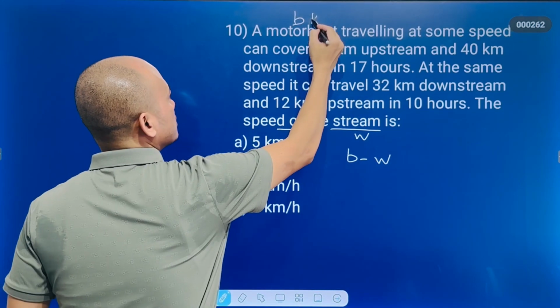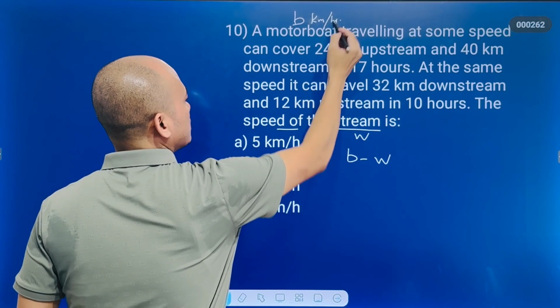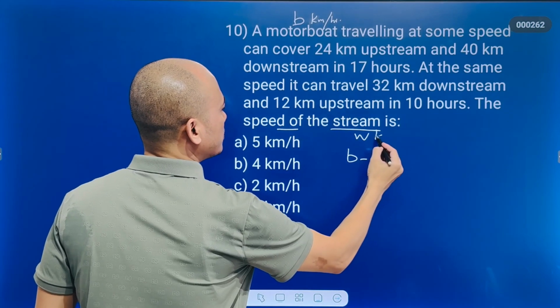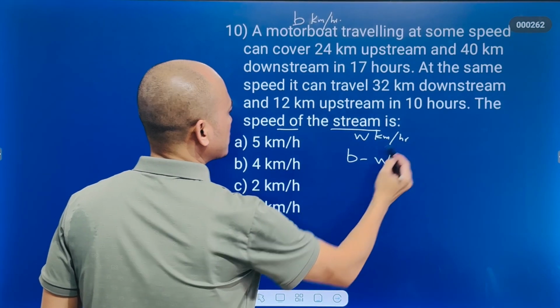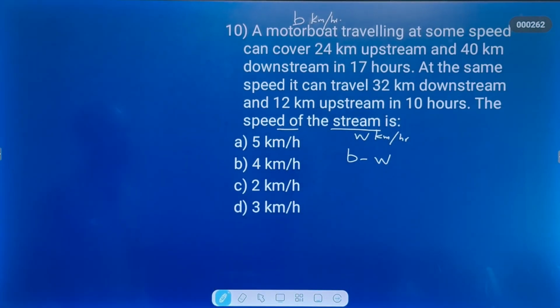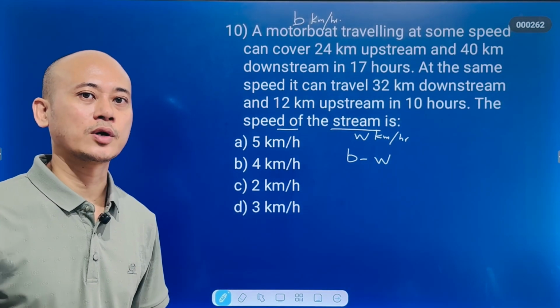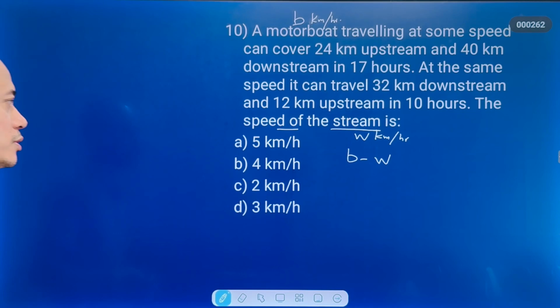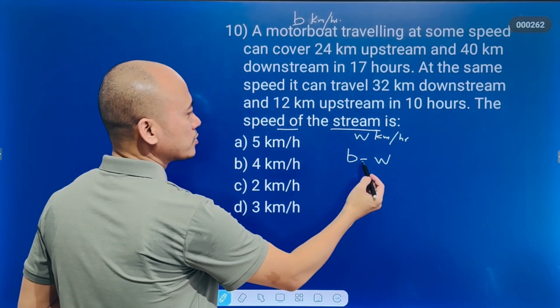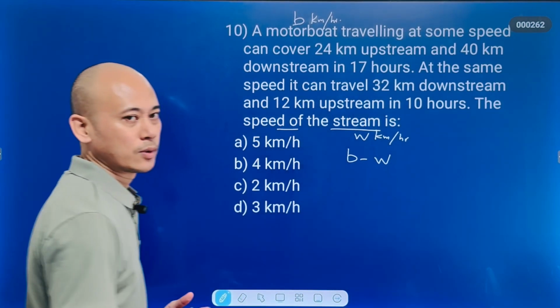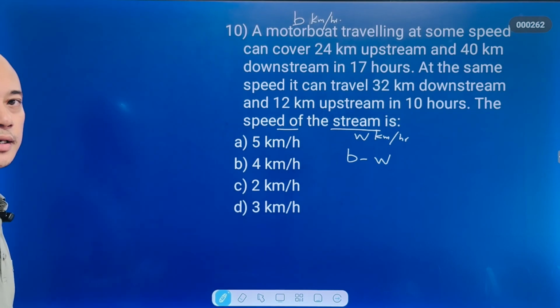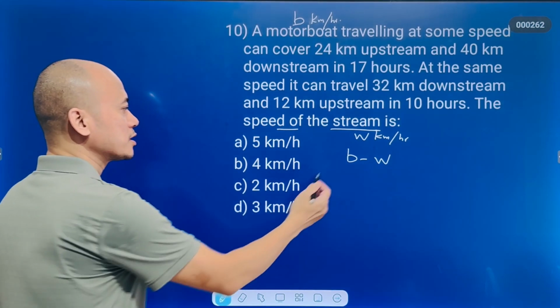B is in kilometer per hour and w is in kilometer per hour. If it is upstream, you are going against the force of the water or force of the river. So, the boat has to travel faster than water, then only you can travel against the stream. So, that is why it is b minus w.